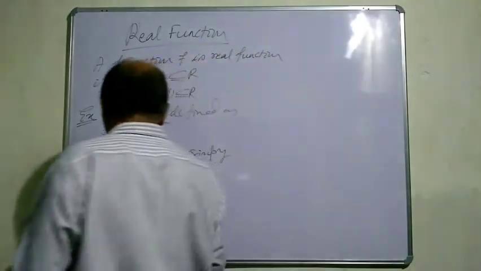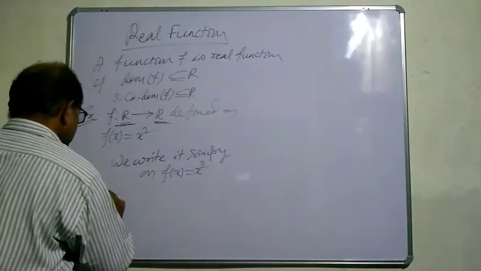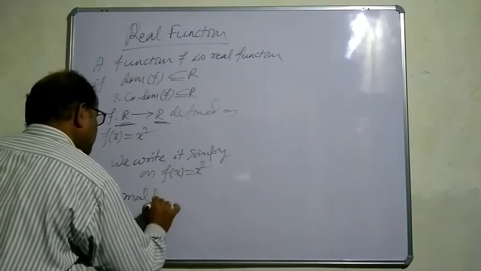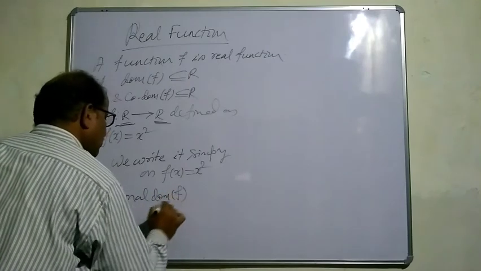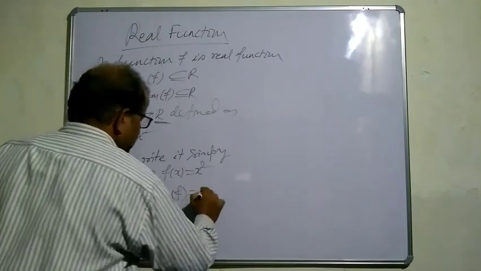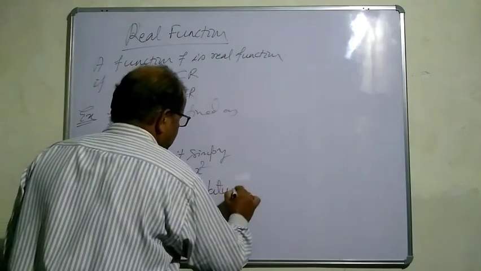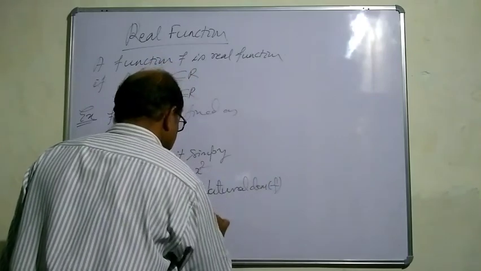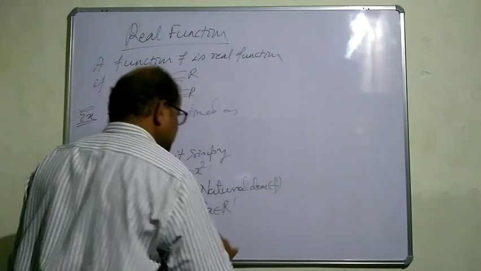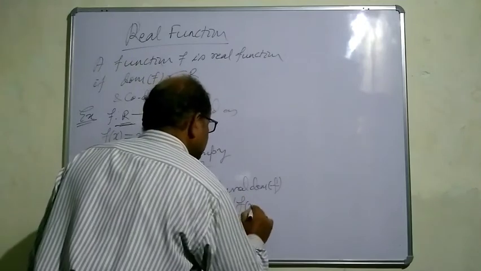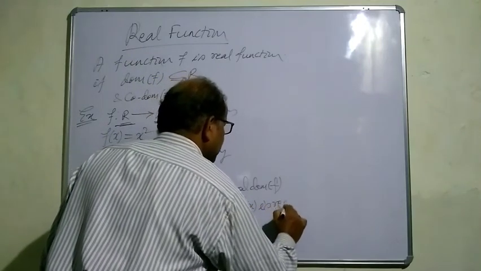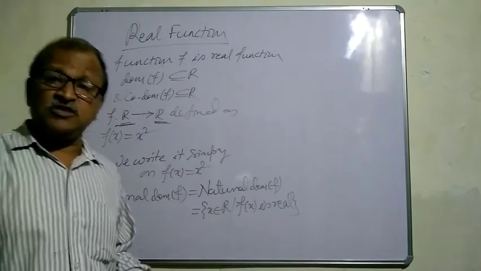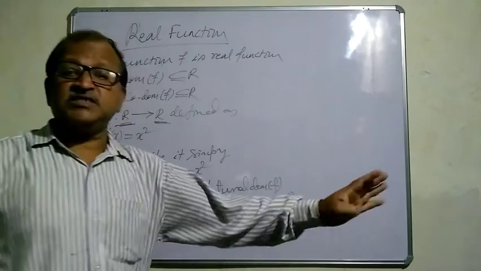That means the maximal domain of f, which is known as the natural domain of f, is the set of x belongs to R such that f(x) is real. The set of values of x for which f(x) is real.